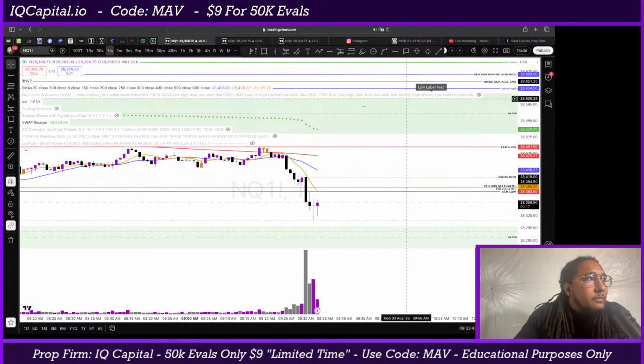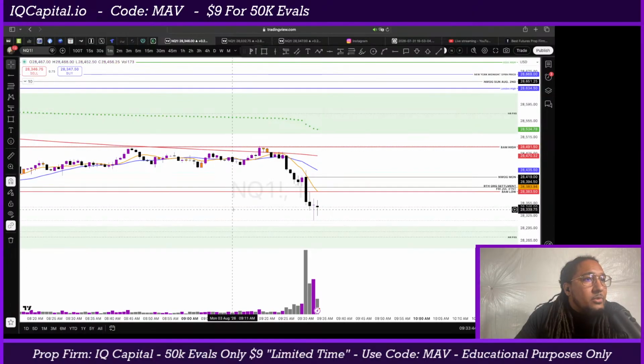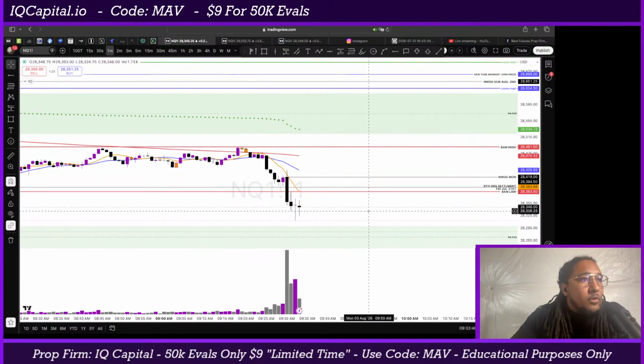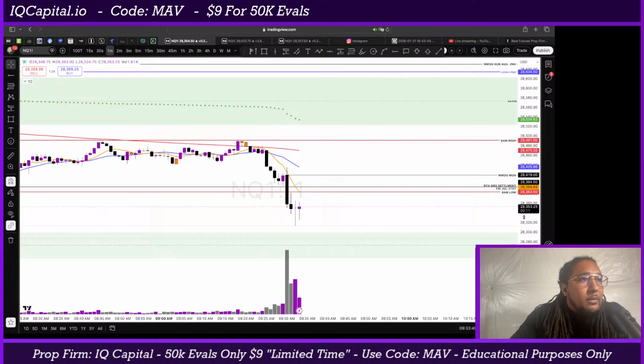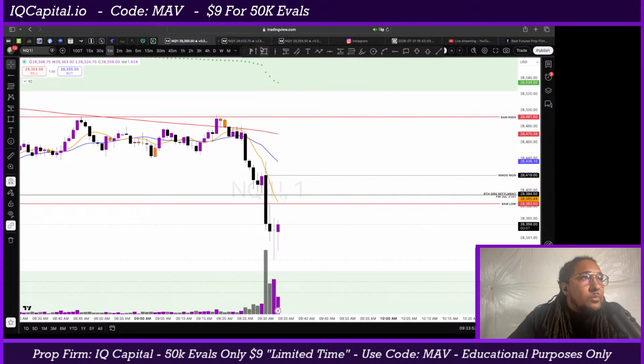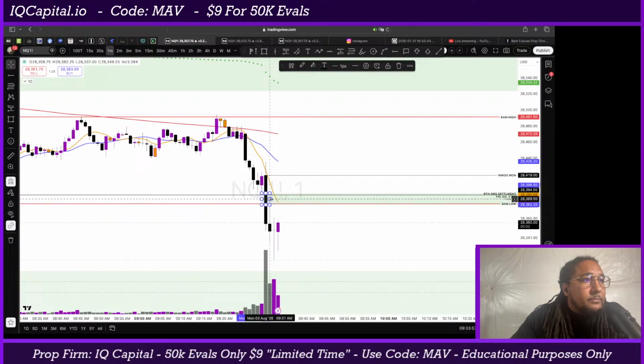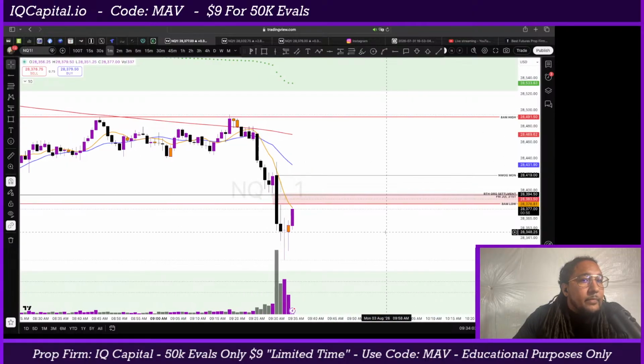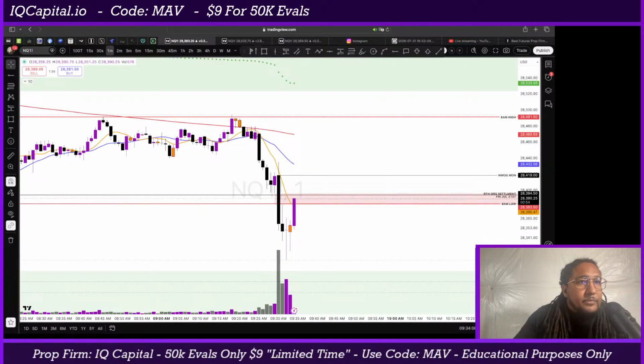Now what I'm looking for, I would much rather have a tap into this 4 hour fair value gap. But if we don't get it, I'm looking for an inversion. Maybe this 1 minute FVG here. If you get a body close above that 1 minute, let's check the 5 minute here and see a 2 minute.